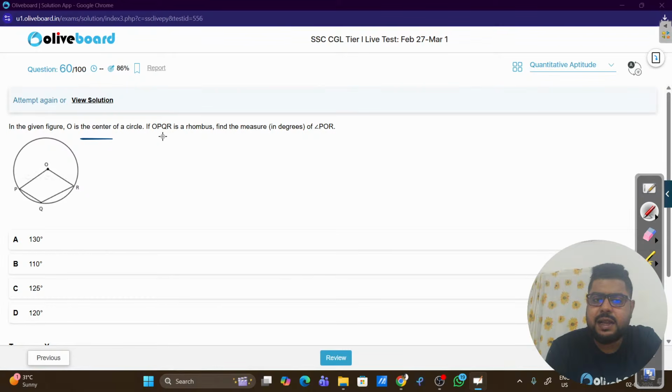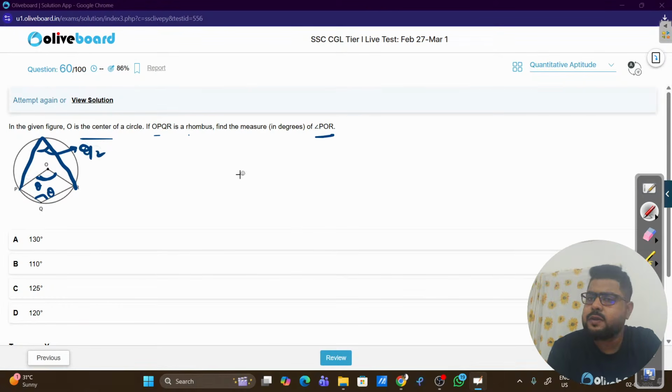O is the circle. OPQR is a rhombus. They are asking us to find this angle, POR. Rhombus meaning opposite angles are equal. If this is theta, then this is also theta. Let's join this, so this is theta by 2.